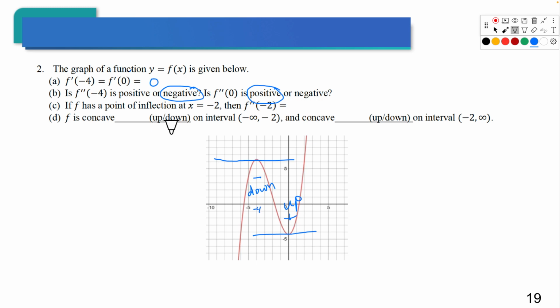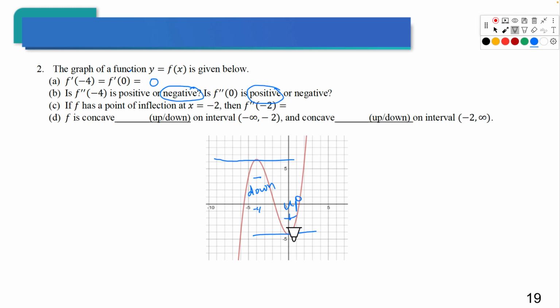Inflection points are involved. What is an inflection point? It's where the concavity changes from up to down or down to up. Since in this particular case our second derivative has a negative, and then when it's concave up it goes positive, how can you go from a negative to a positive? What do you have to pass through?